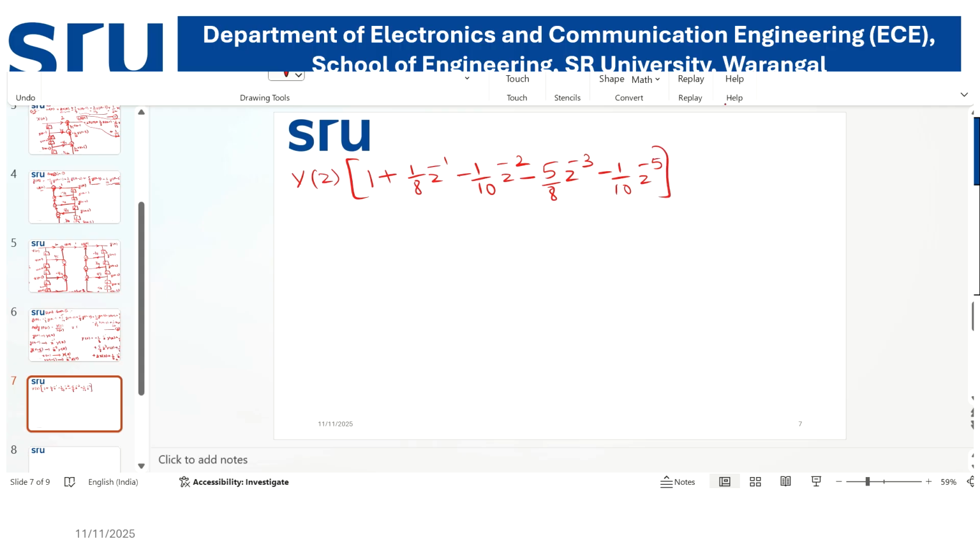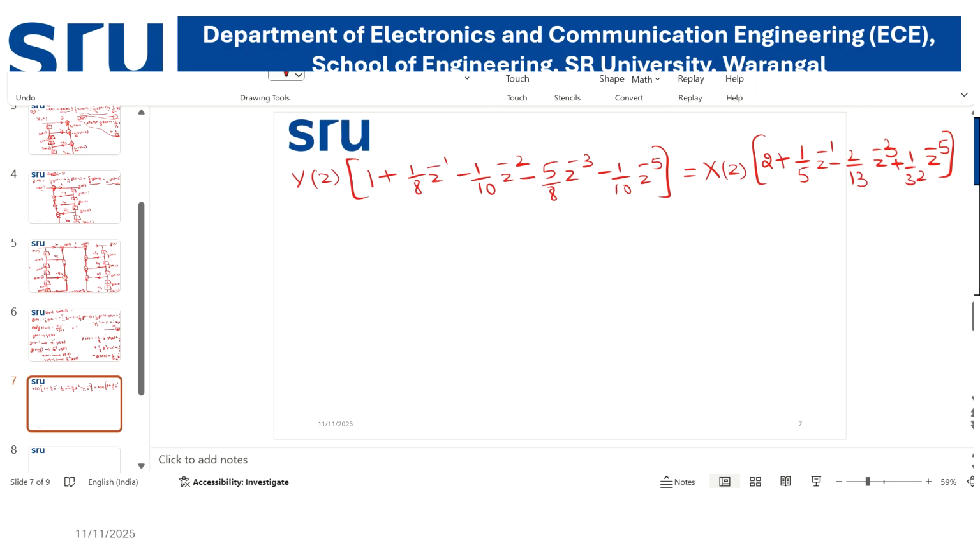This is from output. Similarly, if I take the input side also as a common X(z), then I have a constant 2 plus 1 by 5 z^-1 minus 2 by 13 z^-3 plus 1 by 32 z^-5.